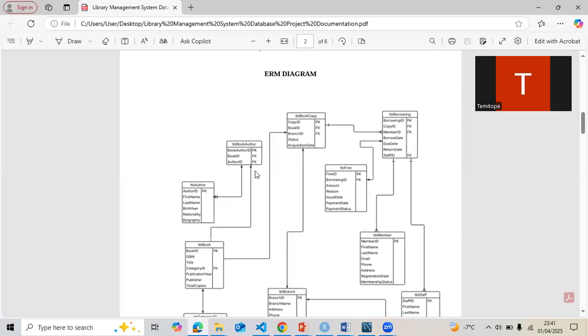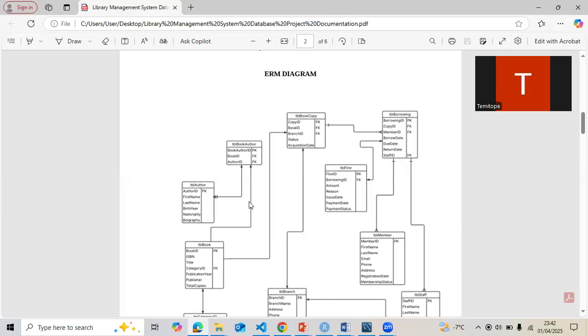In here, you will see that this book author ID is a primary key, which identifies each row in each entity or in each table. So the primary key of a particular table might be a foreign key in another table. That is how you see their relationship.